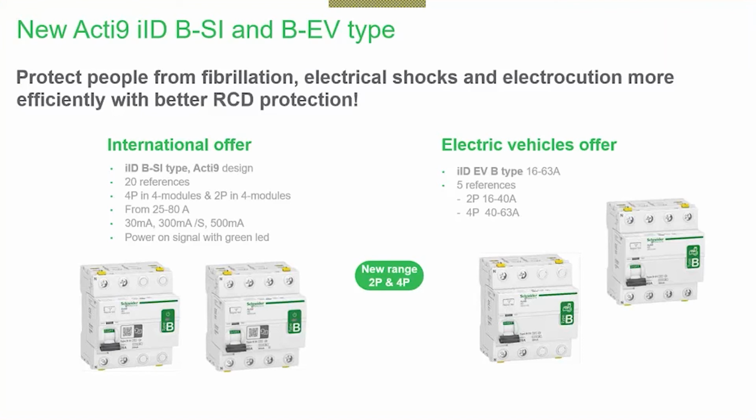We also have what we refer to as our international offer. These are our Type B SI type devices. There's 20 references in total. I won't go through them all, but they range from both 2-pole to 4-pole devices, 25 to 80 amps, with sensitivities ranging from 30 milliamps to 500 milliamps.